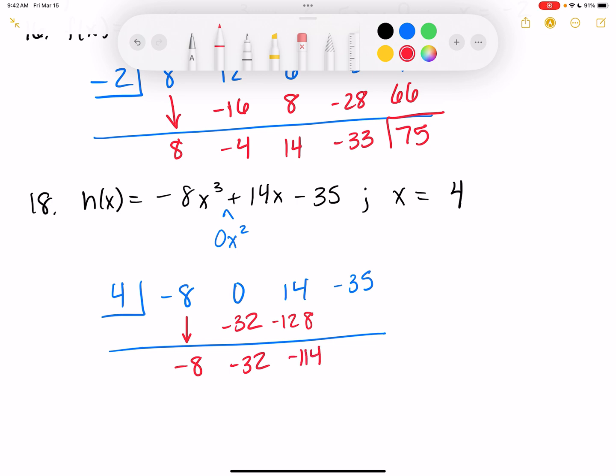Times 4, oh goodness, negative 456, I think. And then combine those, so it's negative 491. So that would be your final answer there, negative 491.